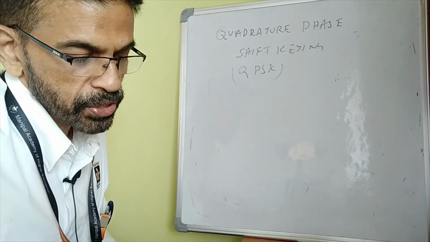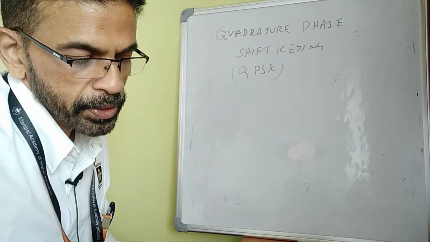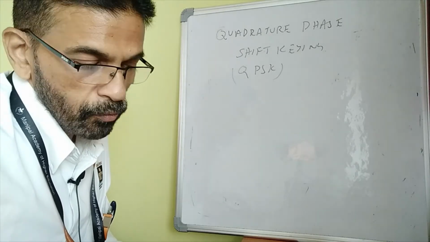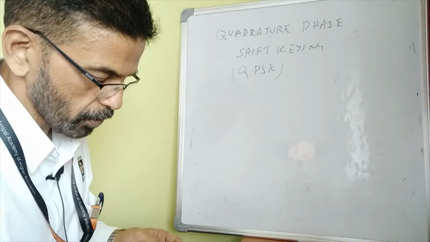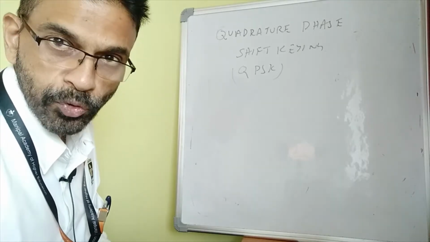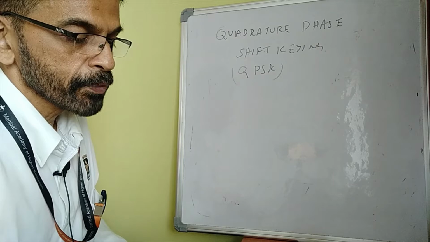So this is an extension of binary PSK, and now instead of 2 symbols, that is binary bits, we are going to have 4 symbols, and you can get these 4 symbols by grouping 2 bits: 00, 01, 10, 11, as you know.